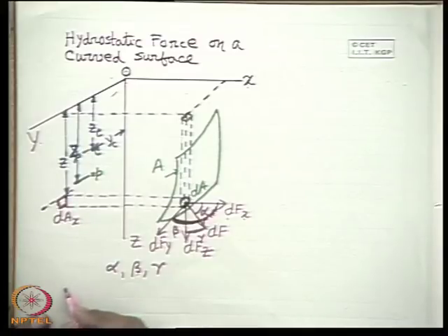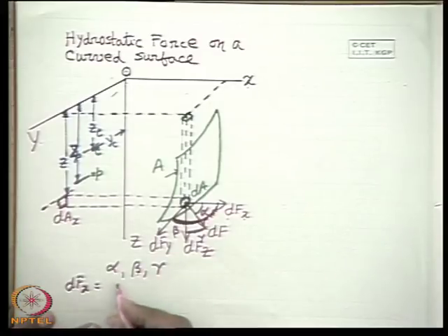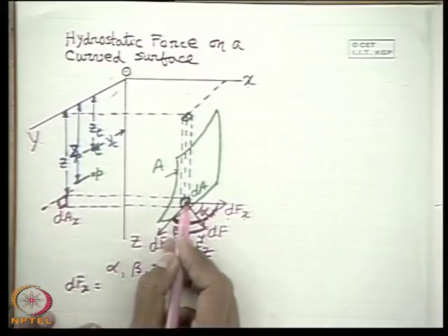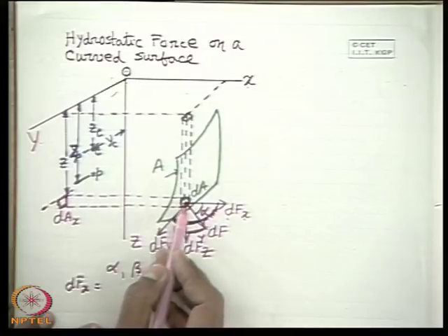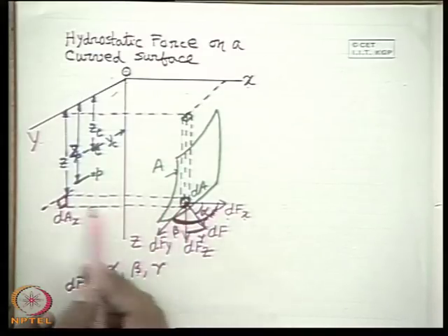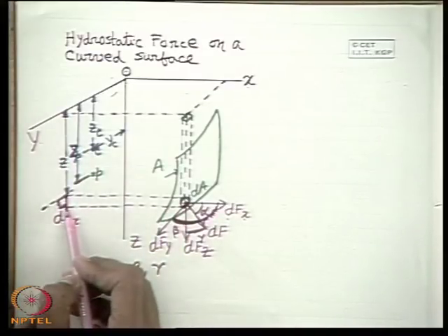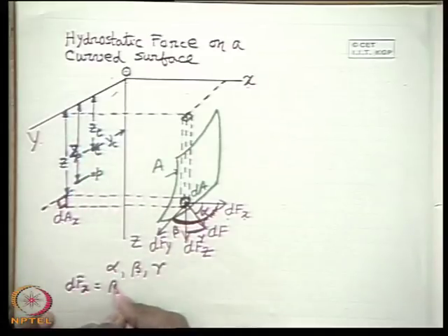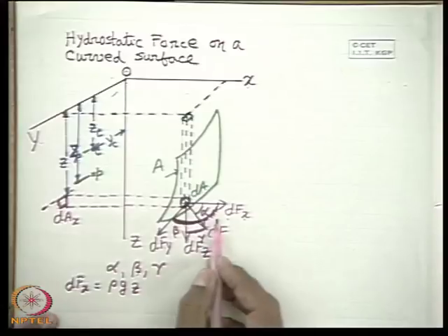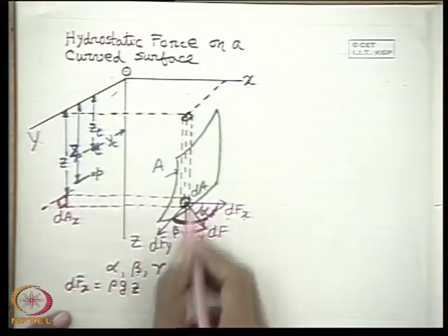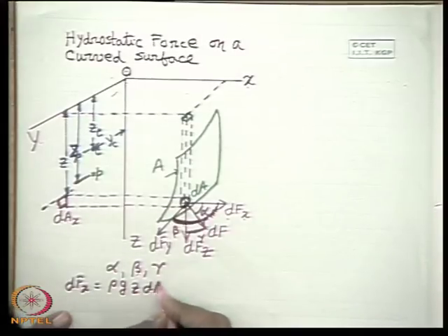Then we can tell simply that dFx is equal to what? dFx is equal to dF cos alpha. Now dF is dA into rho g z, if we consider that this area is at a vertical depth z from the free surface. So dFx is rho g z times dA cos alpha.